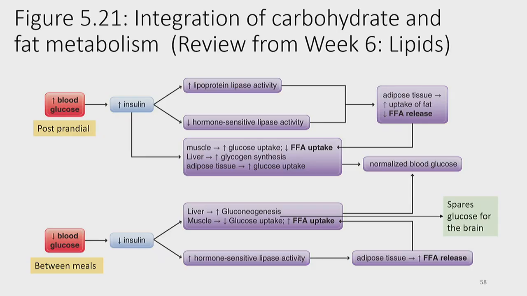Similarly, when insulin levels are low, there is increased release of free fatty acids from adipose tissue, as insulin no longer suppresses hormone-sensitive lipase, and there's a greater uptake of free fatty acids by the muscle.